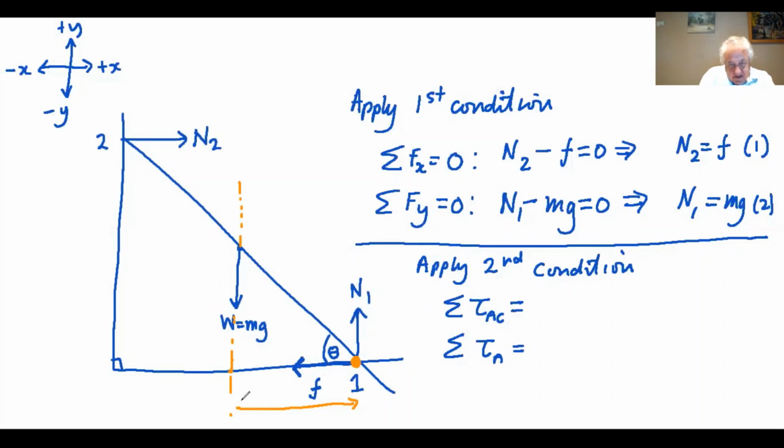So for this force, it's this distance. We call this x. Now, if I call this whole length L, then from here to here is L over 2. So this becomes L over 2 cos theta. So my x is L over 2 cos theta.